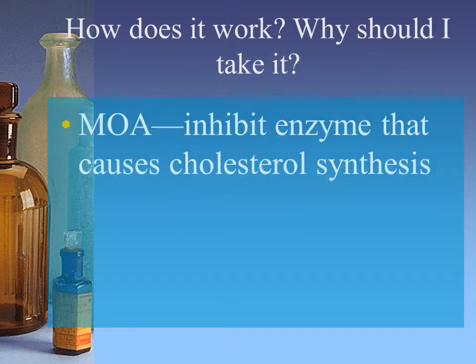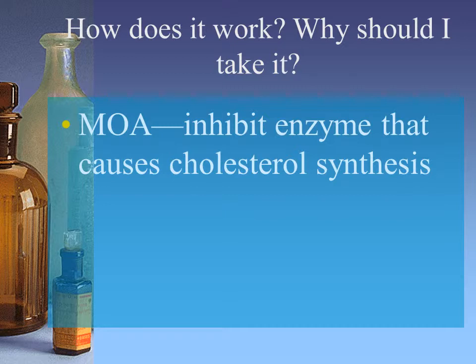So his next question for us was, well, how does it work and why should I take it? So we can tell Joe that this drug works by decreasing the circulating cholesterol levels. And how it does that is it interferes with the liver's ability to make cholesterol.